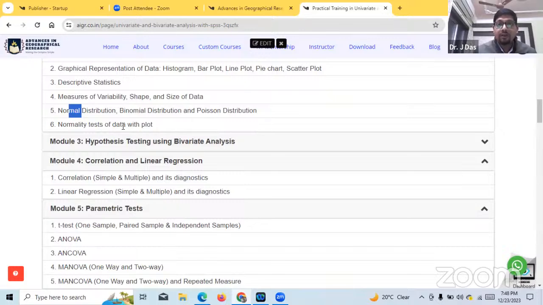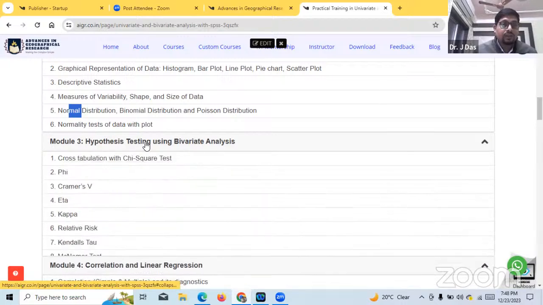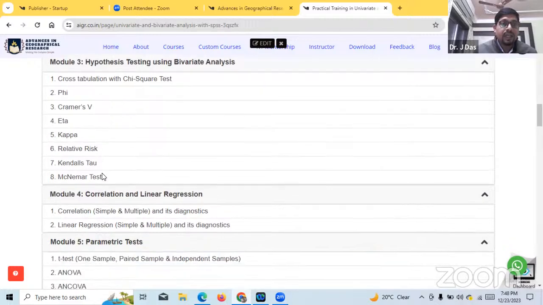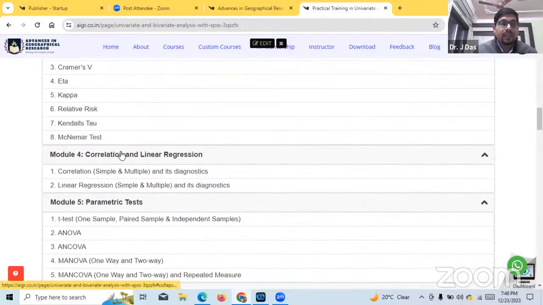We have learned from Dr. Pal how to perform hypothesis testing using bivariate analysis, like the chi-square test, phi, Cramer's V, eta, kappa, relative risk, Kendall's tau, and the McNemar test, and how to interpret them.